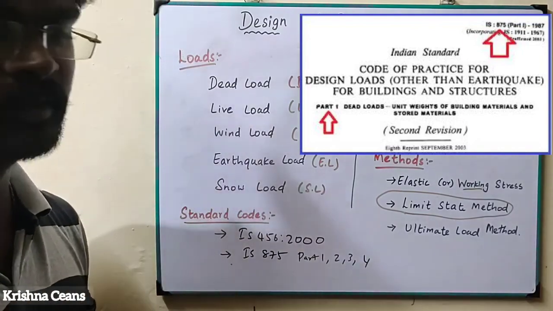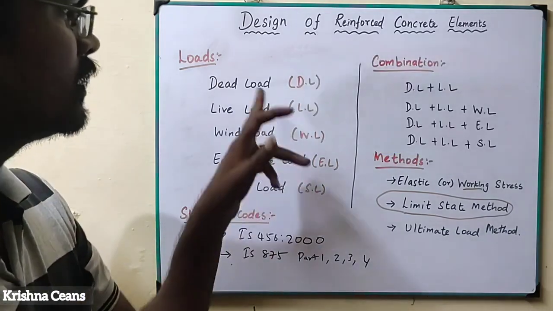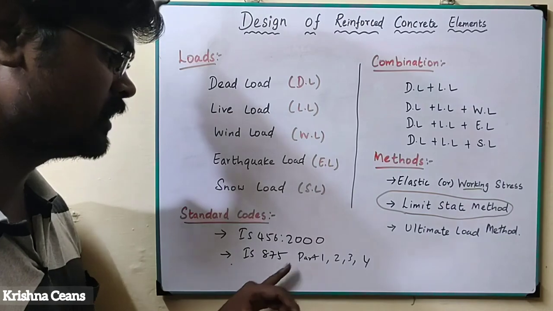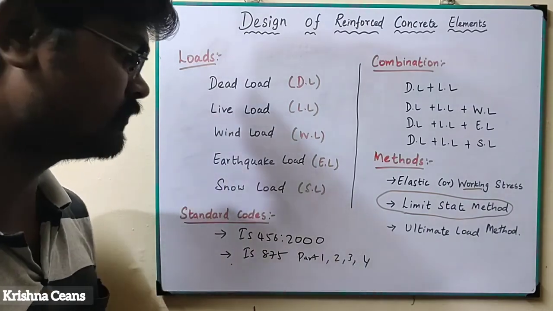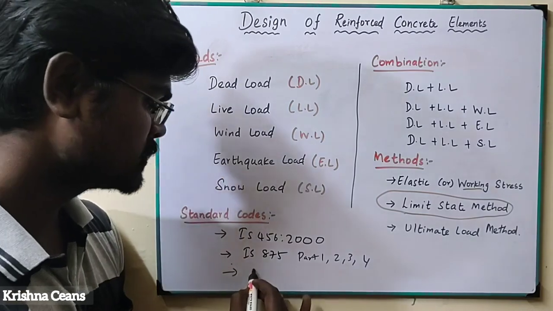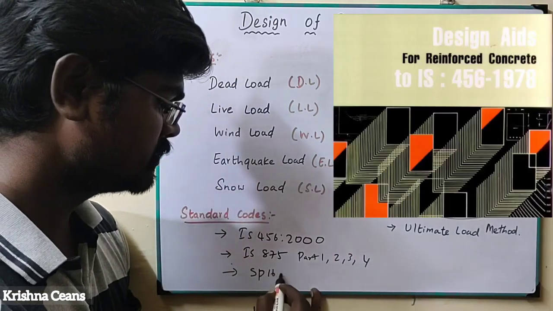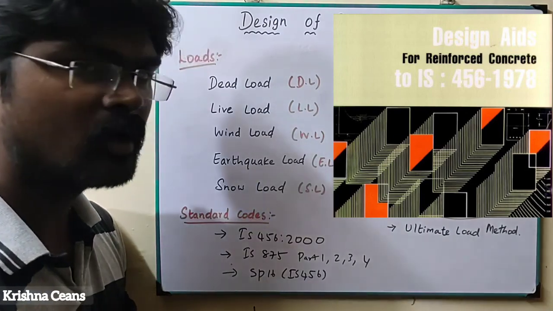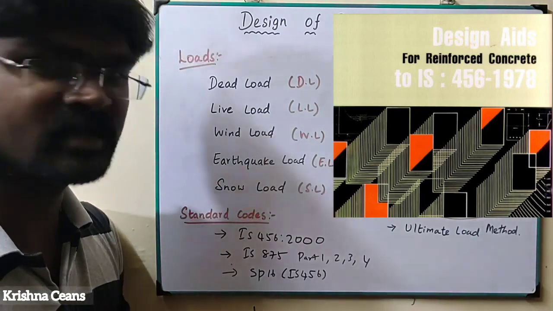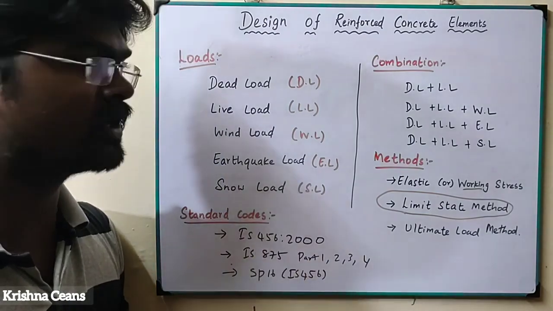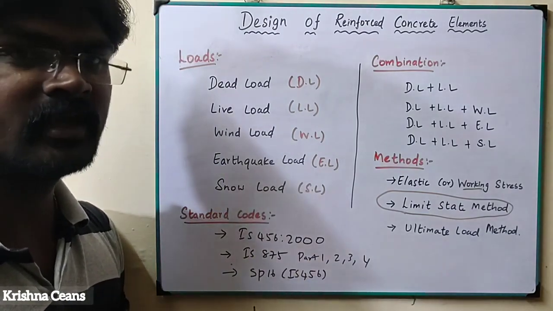Each part gives the loads: dead load, live load, wind load, earthquake load, and snow load. Then special publication SP16 of IS 456, which has solved or standardized problems. These are the major standard codes we use for the design of the elements.